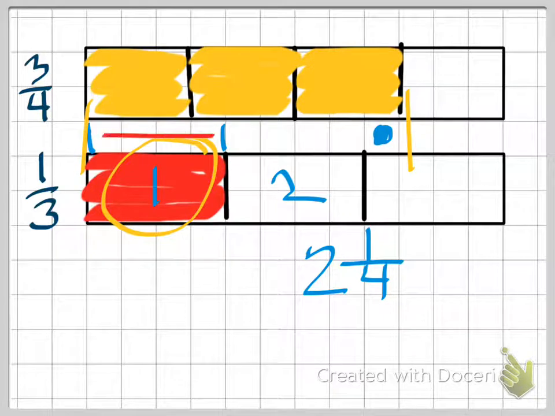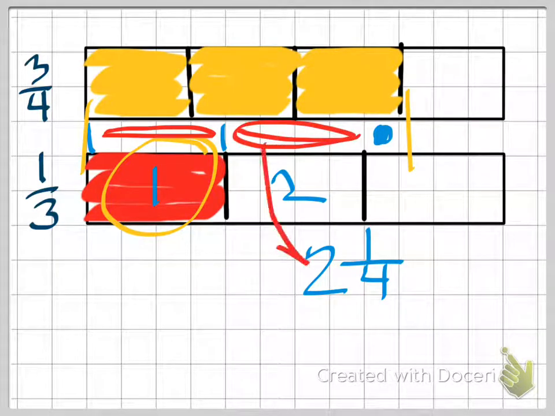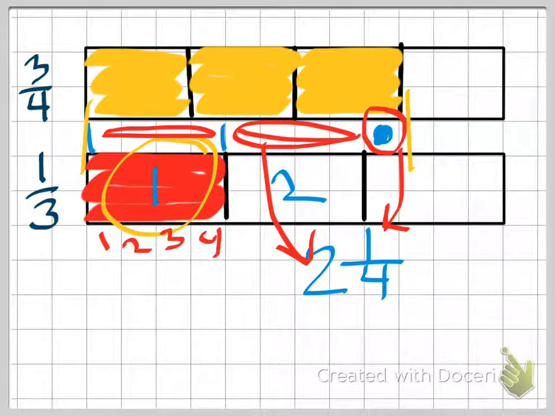We have 1, 2. That's where the whole number 2 comes from. And then this little part here is one size big. How many sizes is left in one of these red blocks? 1, 2, 3, 4. So my leftover is 1/4.